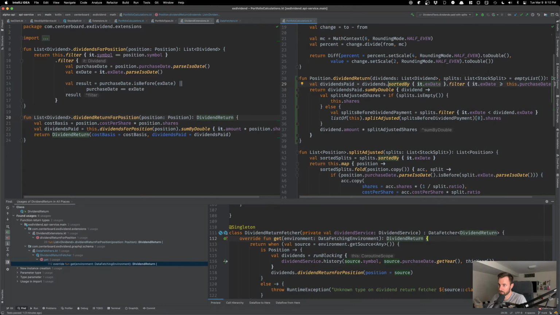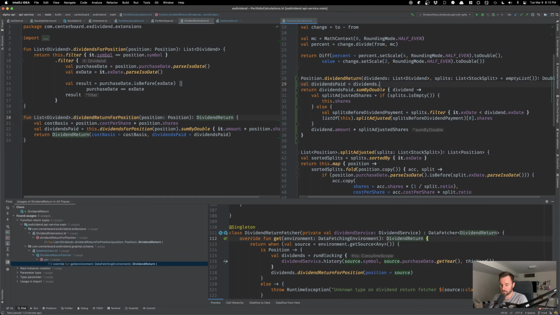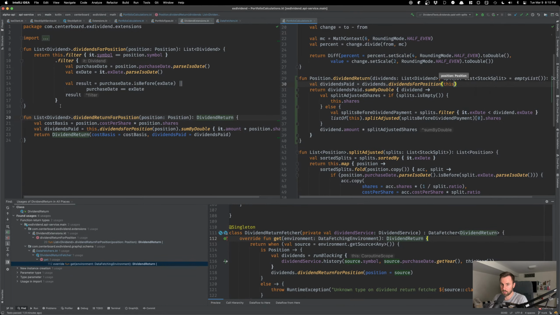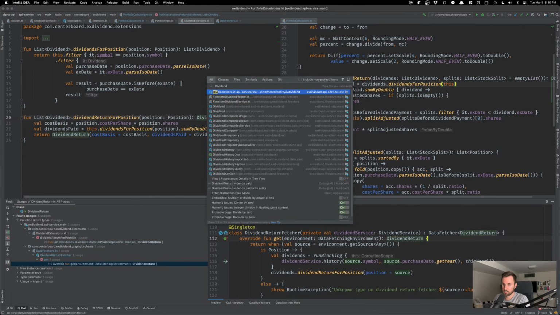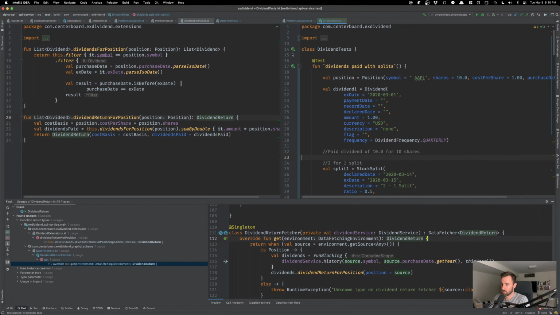So let's ask it, we can say dividends dot for position this. Okay, so now that's reusing this function. Let's rerun these tests and make sure they are all working.